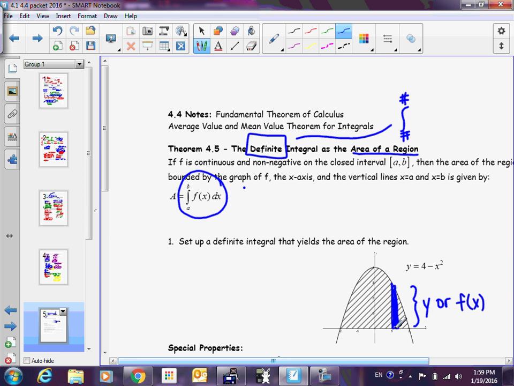All right, the base. How do you calculate the base of the rectangle? How do we find the base? Look at your table. So if this was at 1 and this was at 1.2, what would you do with those numbers? You would subtract.